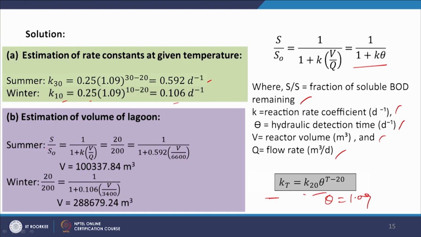Here the expression is S by S0 equal to 1 by 1 plus k into V by Q, where S is equal to 20 and S0 is equal to 200. This S we can also call S_E, the equilibrium effluent substrate concentration or BOD concentration.